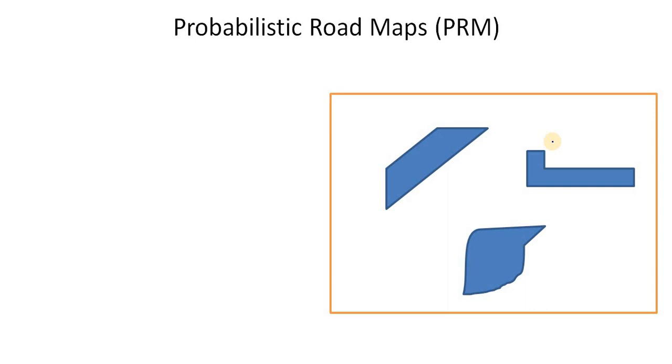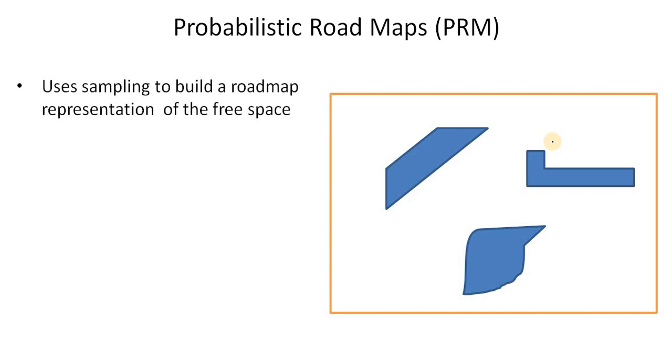Okay, let's now move toward the probabilistic roadmaps. We have learned that sampling based algorithms have two types. One was the rapidly exploring random trees, and the second was the probabilistic roadmaps. The difference is that probabilistic roadmaps use a graph to represent your configuration space, but rapidly exploring random trees require a tree.